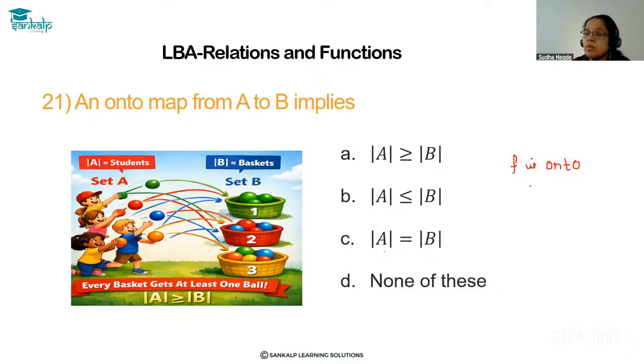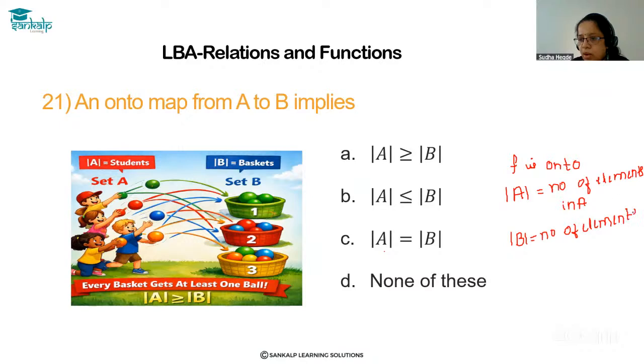Means at least B should have the same number of elements as A or more than that. Mod A means number of elements in A. Mod B means number of elements in B.